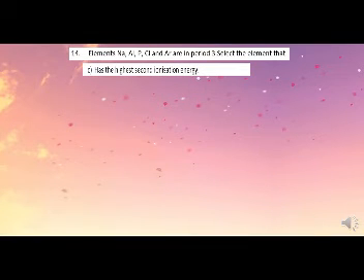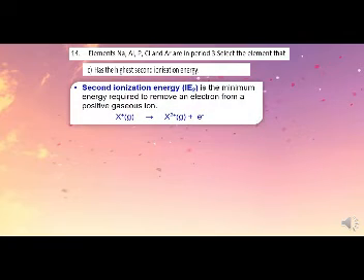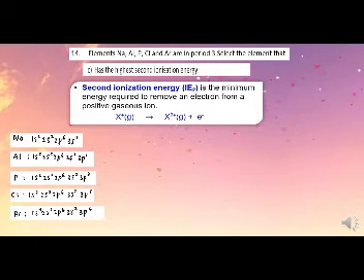So, question C. Select the element that has the highest second ionization energy. First, second ionization energy is the minimum energy required to remove an electron from a positive gaseous ion. So first step, we must write down the electronic configuration for each element.